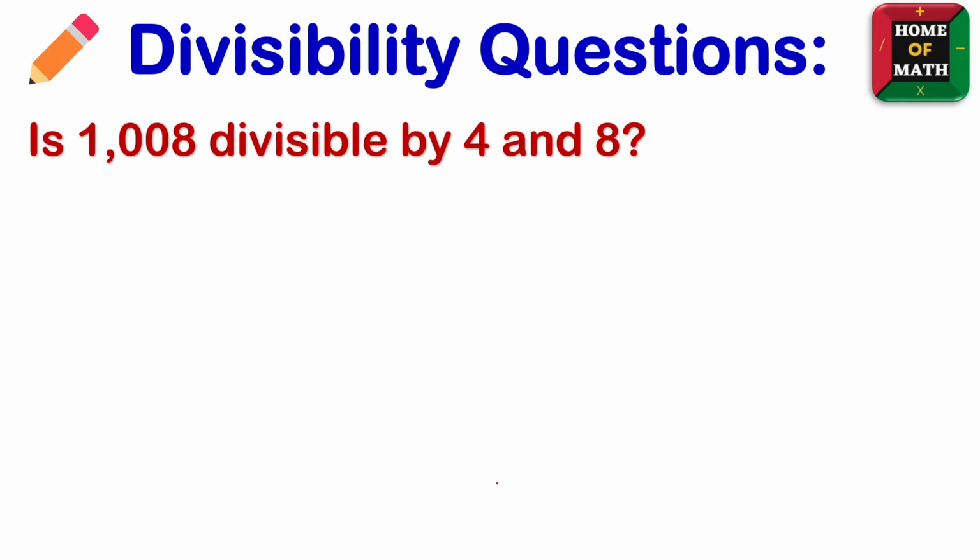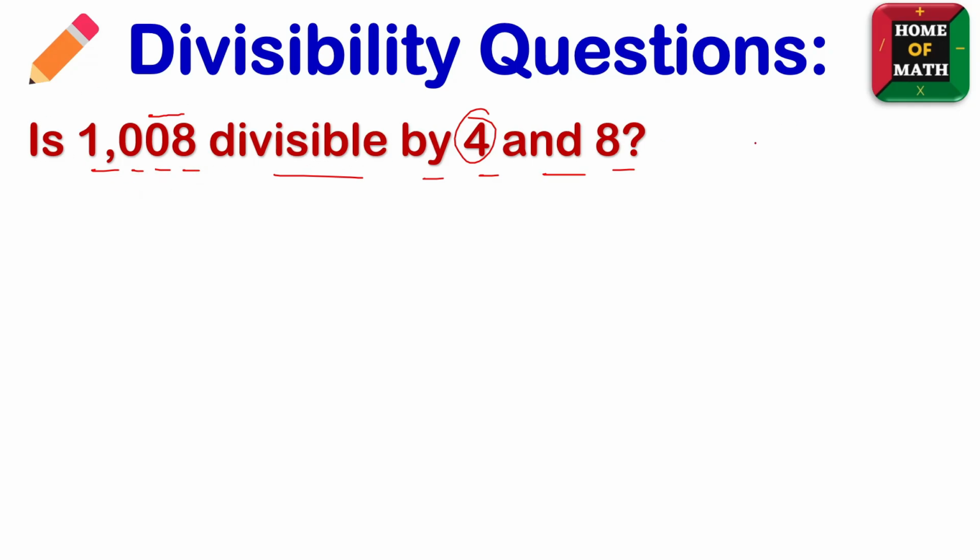Next one is 1008. It means: is 1008 divisible by 4 and 8? First we have to know the rule of 4. If the last 2 digits, here 0 and 8, are divisible by 4, then the whole number is divisible by 4.